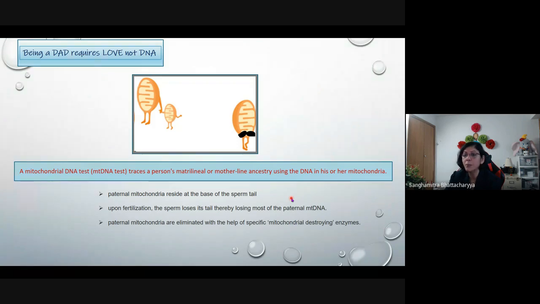In humans, most of the paternal mitochondria reside at the base of the sperm tail, and upon fertilization, when the sperm loses its tail, it also loses most of the paternal mitochondrial DNA. If, however, the paternal mitochondria enter the egg during fertilization, they are eliminated with the help of specific mitochondrial destroying enzymes.